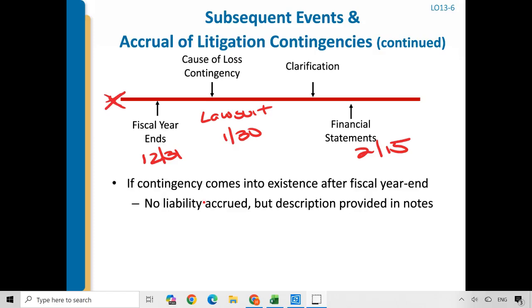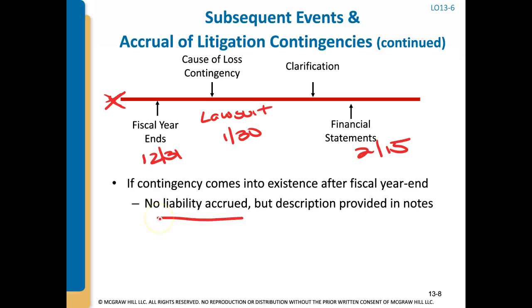In that situation, no liability would be accrued as of 12/31, but even though this potential liability came into existence after our fiscal year end, because we haven't issued the financial statements yet, we would provide a description of what's going on in the notes to the financials as of 12/31.